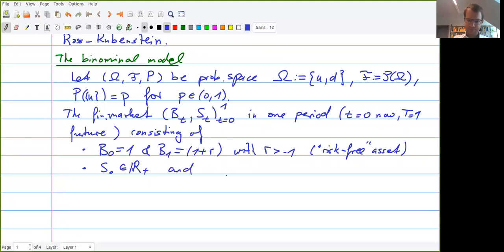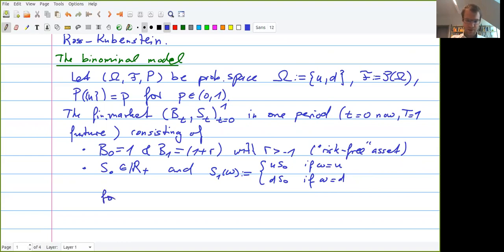And then we have S1, and this depends on the random outcome on our probability space. So either the price goes up by u, this happens if ω is equal to u, or the price goes down by d if ω is equal to d.